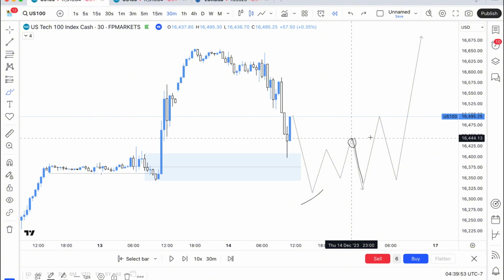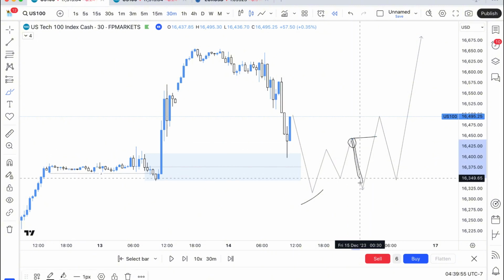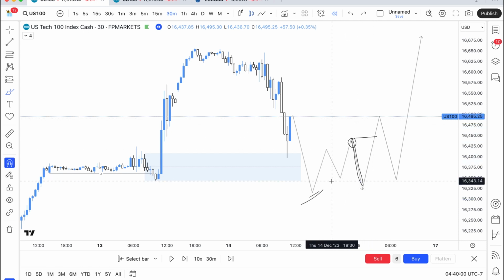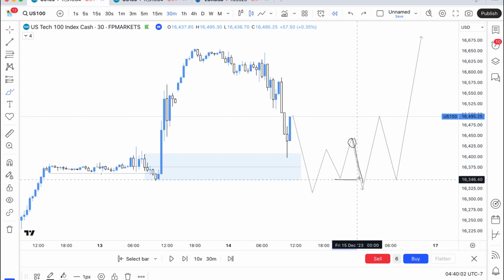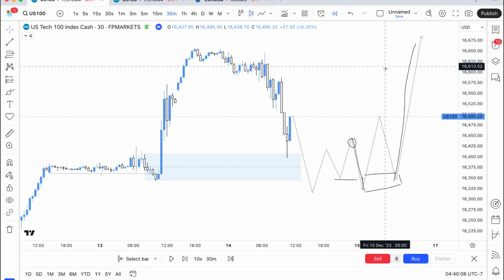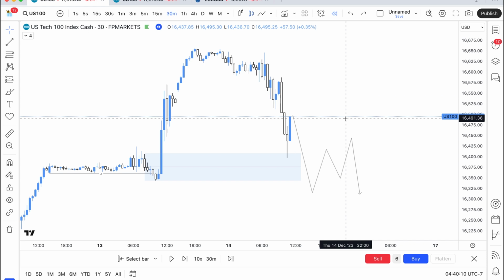And then we are second in. That means we find that this is a failed supply that did not break this low, reversed back up, swept internal liquidity here as well, came back to the demand, right, to then continue bullish. That's exactly how we see this, okay?